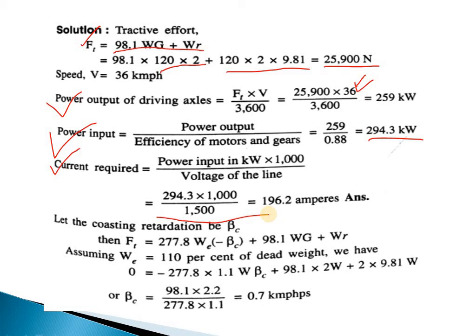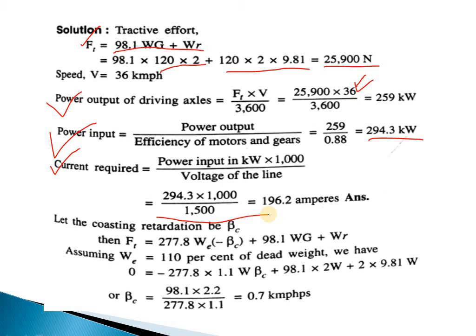So ultimately we get Ft equals 25,900 Newton, power output for driving axle equals 259 kilowatt, power input 294.3 kilowatt, and current required 196.2 ampere.